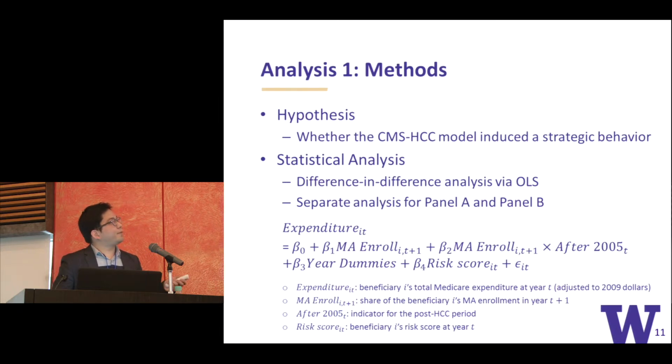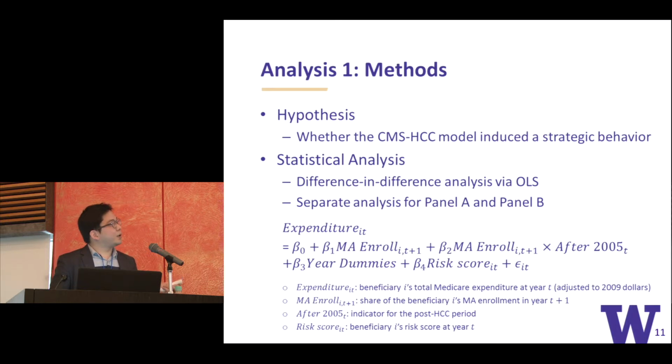So for example, for panel B, people staying in MA plans at year T, the beta 1 tells the first year expenditure difference in the pre-ACC period between people staying in FFS plans next year and people switching to MA plans next year after adjusting for their health conditions.